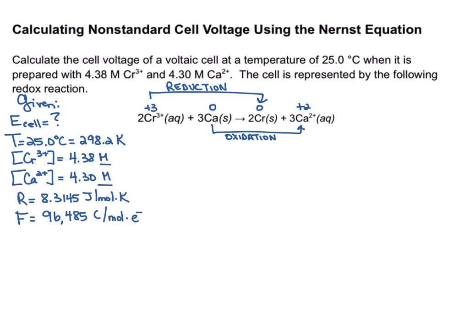We need a little bit more information. We need to calculate the standard cell potential, and we need to use a table that has the half reactions and the potentials. The tables list only reduction half reactions with their standard reduction potentials. So we're going to use the table, and we don't need to memorize this, we just need to use the table. And chromium is listed this way on the table.